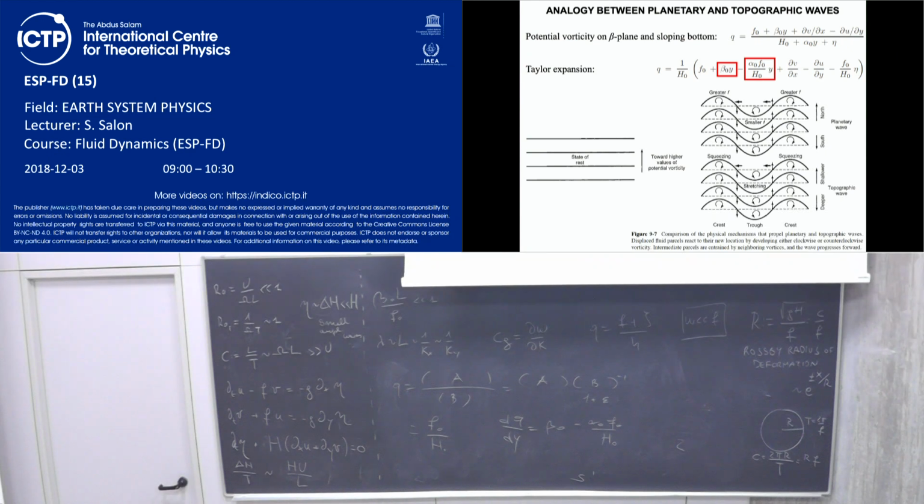Okay? So now, if you consider a state of rest, which is characterized by higher values of potential vorticity going in this direction, it means that I'm going towards north, because beta 0 is positive.